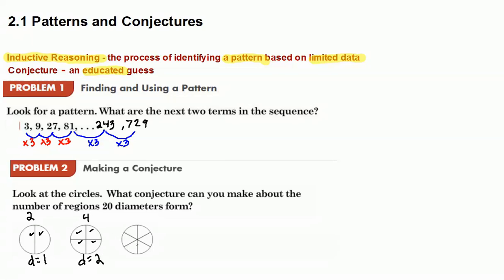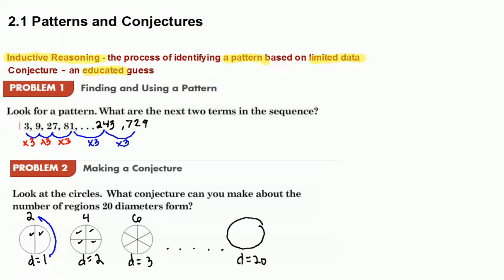And we start to see patterns. For this one we have 3 lines, 1, 2, 3, so the diameter is 3. How many pieces are there? 6. So the question is, what's going to happen if I cut this by 20 diameters? So I have a circle, and I'm going to have to cut this 20 times. So diameter is going to be 20. Now we look at the information here and look for a pattern and make an educated guess.